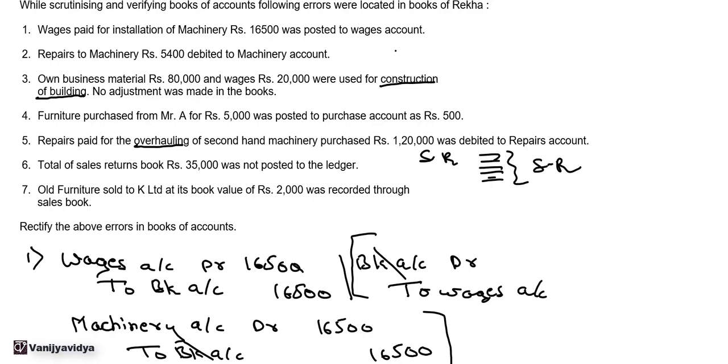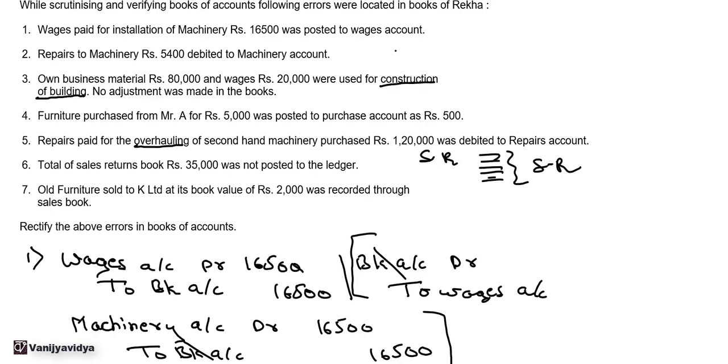That is, journal entries are passed periodically for this in the books of accounts, and they are posted to their respective ledger account. So what has happened is total of 35,000 was not posted to the ledger account.